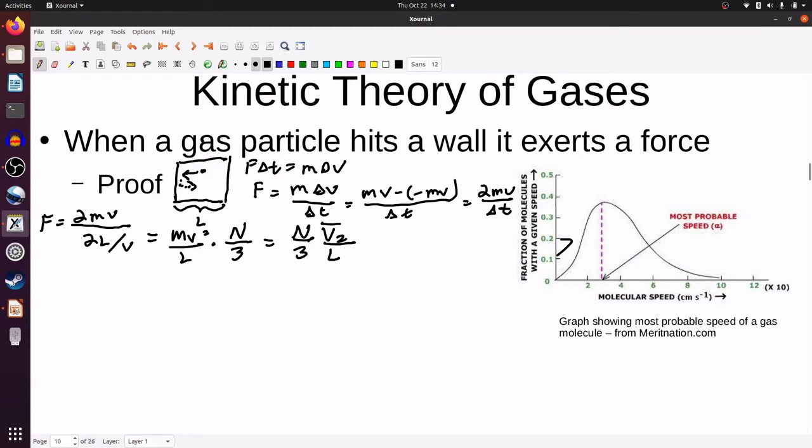What is this v squared bar? Well, there's something called root mean squared, v_rms, and that is the square root of the average of the squares, because it follows what's called a Maxwell distribution, and you want to use the velocity that accounts for all of the speeds of all the particles. It's a little bit beyond the scope of this class, at least for this semester, but that's essentially what's going on. v_rms.